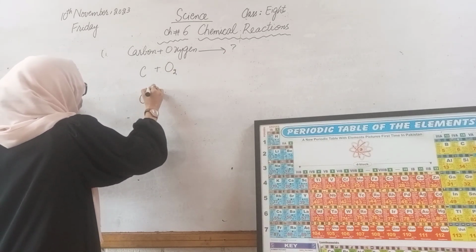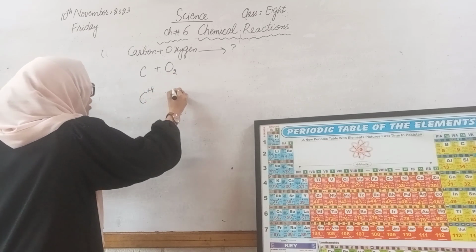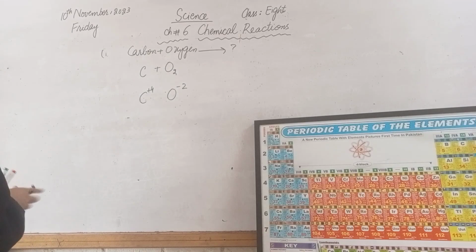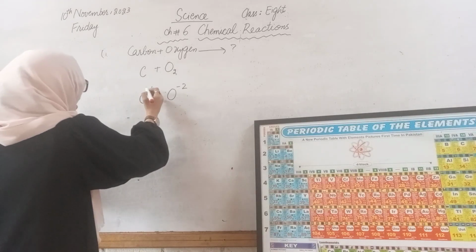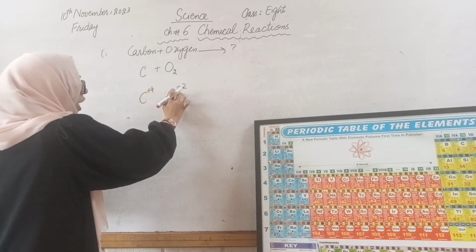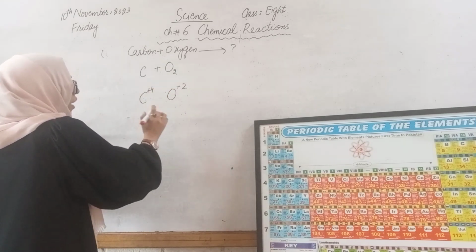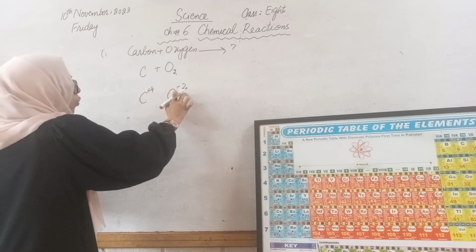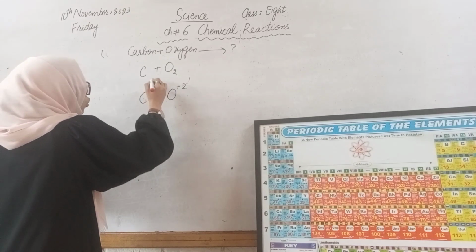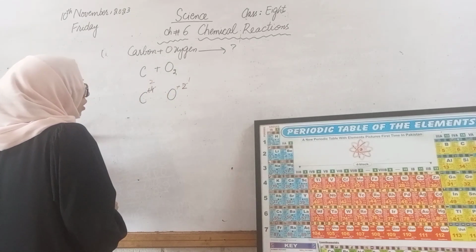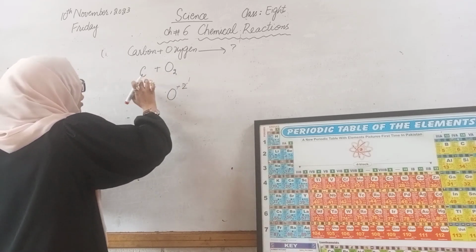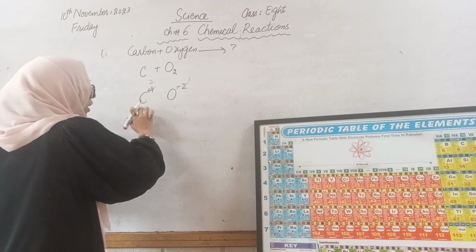Next, C has charge +4, O has charge -2. Opposite signs will be cut with each other. Here you can see, and you know that 4 and 2 can be cut with each other. 2 1s are 2, 2 2s are 4. And in the final, we will distribute these digit numbers with each other.